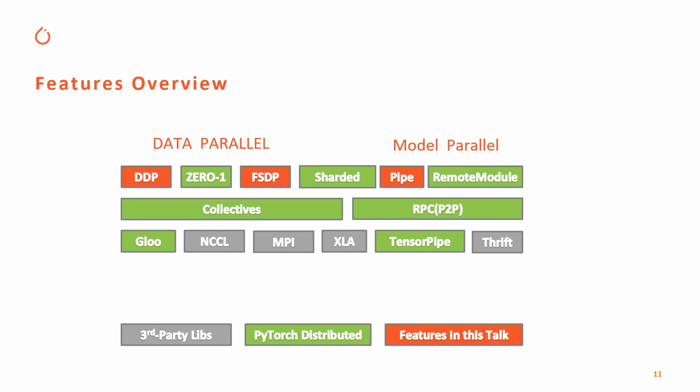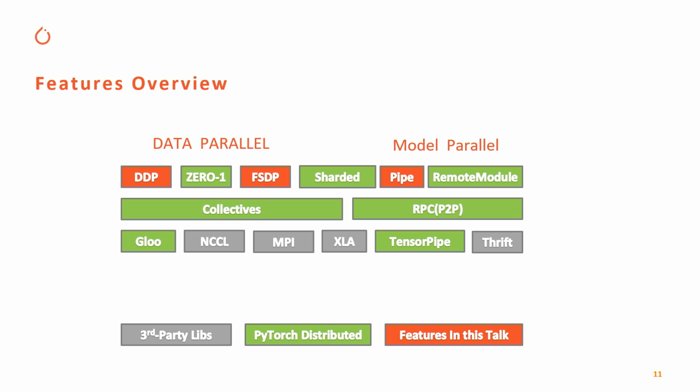Usually, distributed training can be categorized into data parallel and model parallel. PyTorch Distributed Data Parallel trains models in each device independently from different batches of data and synchronizes the results at the end of each training iteration. The synchronization is built on top of collective calls.